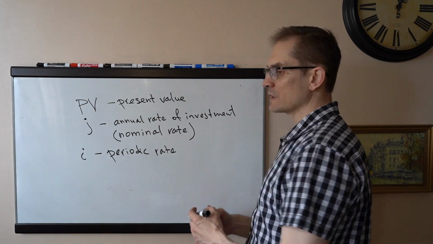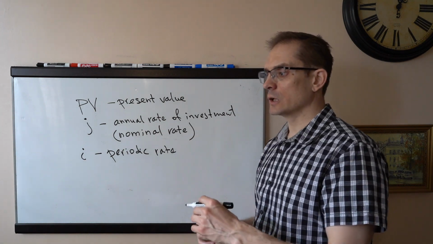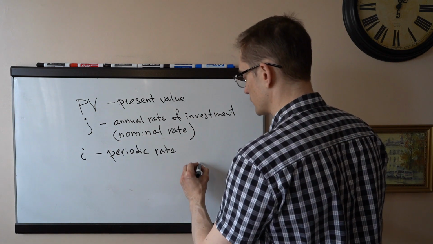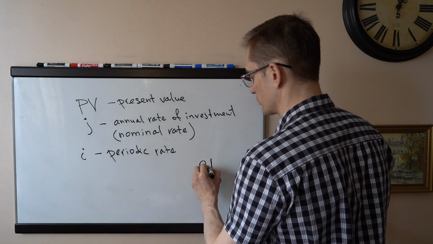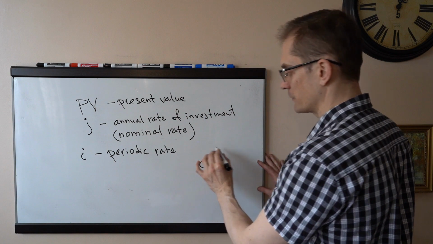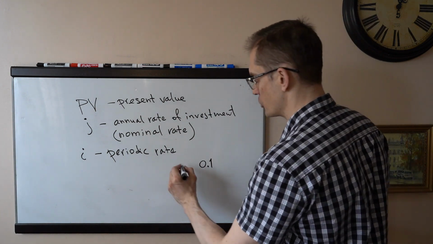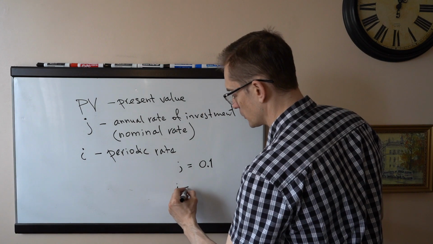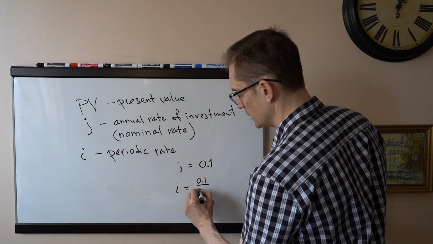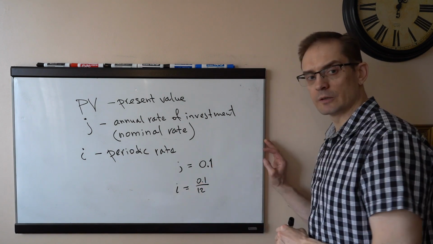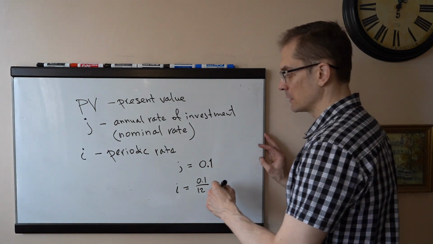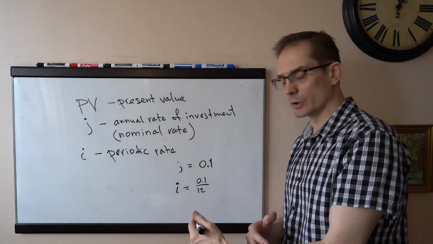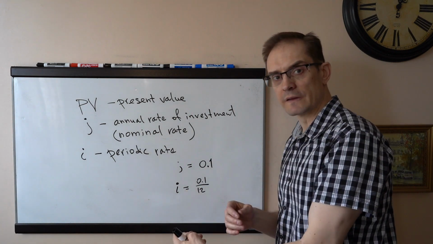So, for example, if your nominal interest rate J is 10%, so 0.1 in terms of rate per one, then I could be 0.1 divided by 12 if the reinvestment in the compounding process is happening every month.